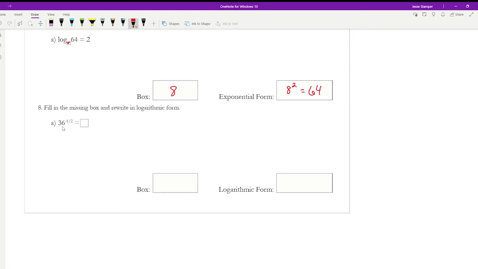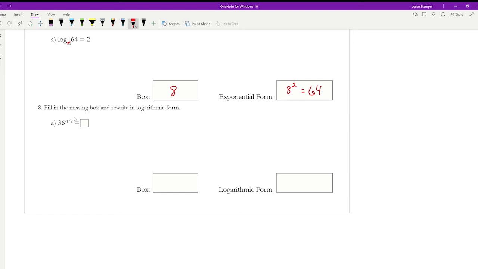On 36 to the negative 1/2, this one, it's a little tricky. We're taking 36 to the 1/2 and it's a negative exponent. That's 2 pieces of information you need to remember. 36 to the 1/2 means that I'm taking the square root of 36.